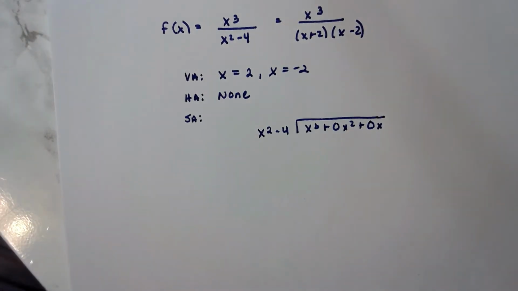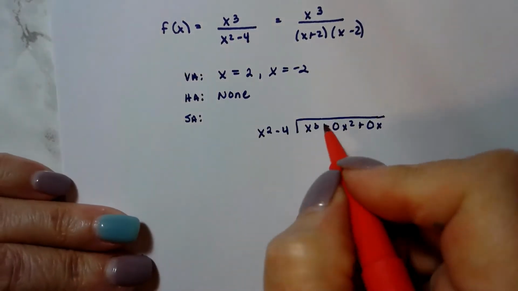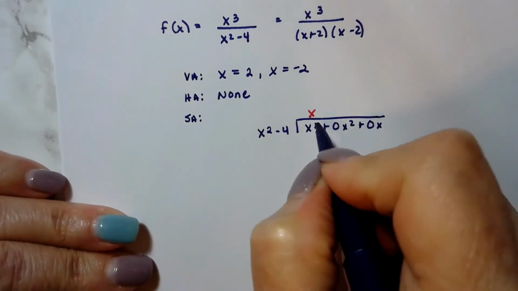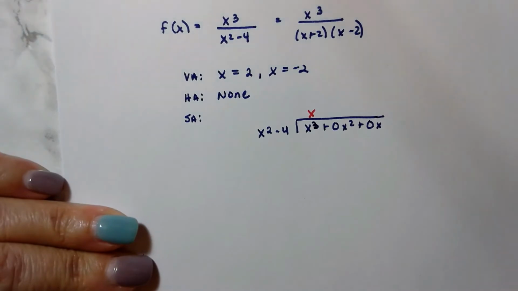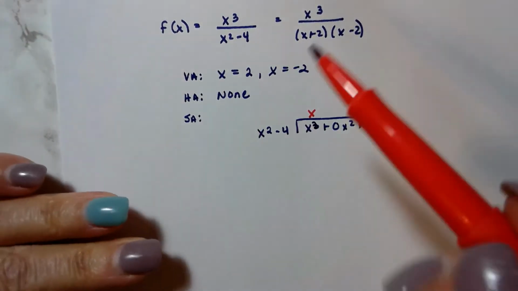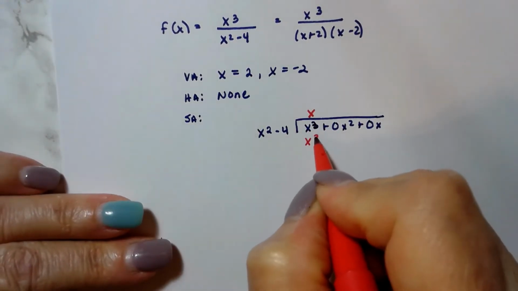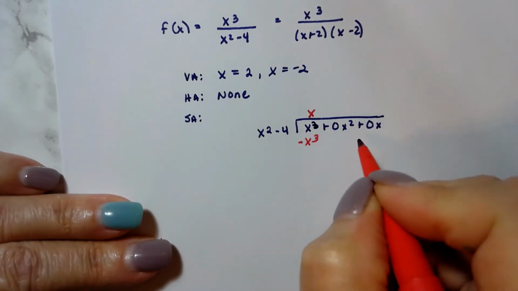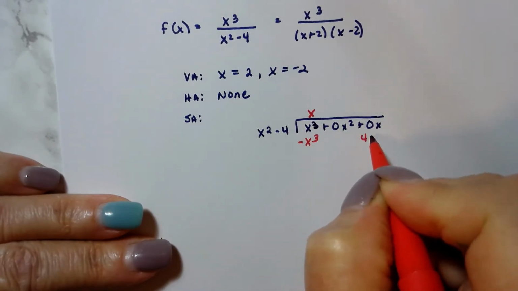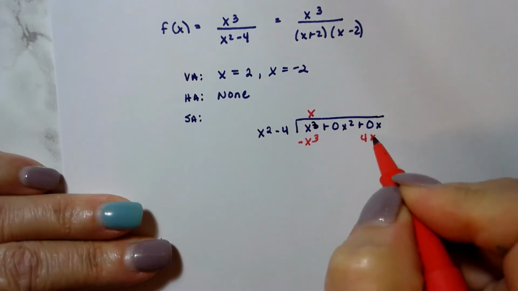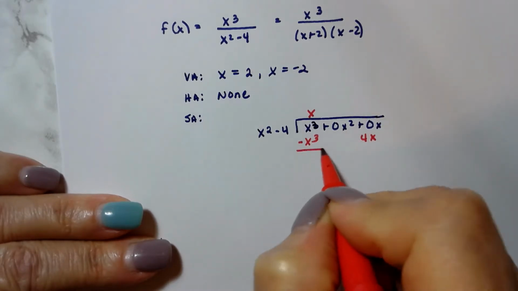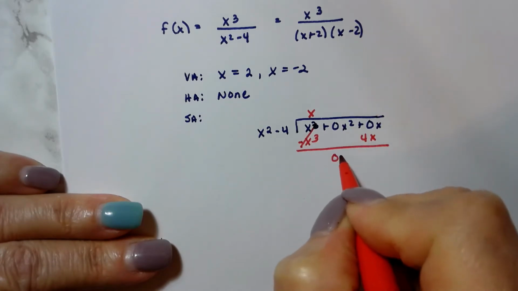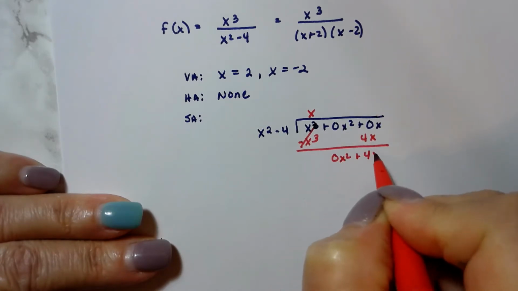So let's divide. x squared goes into x cubed x times. x times x squared is a positive x cubed, but I'm going to change the sign. And x times a negative 4 is a negative 4x, but I'm going to change that to a positive. And you notice this is 4 times x, so I'm lining this up here. Those are going to cancel, so I'm going to bring down what's left. That's 0x squared plus 4x.